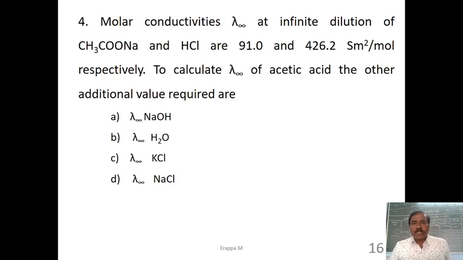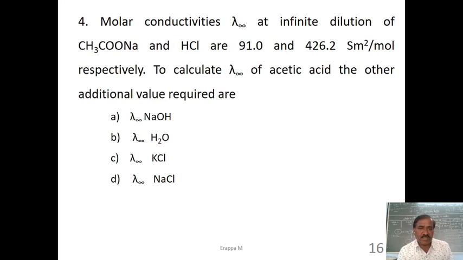Number 4: molar conductance at infinite dilution of sodium acetate and HCl are given respectively. To calculate acetic acid, an additional value is required, the equivalent conductivity at infinite dilution of a third strong electrolyte.